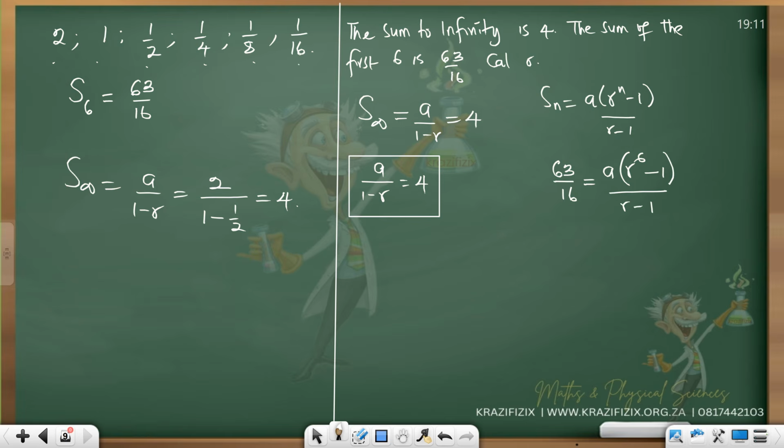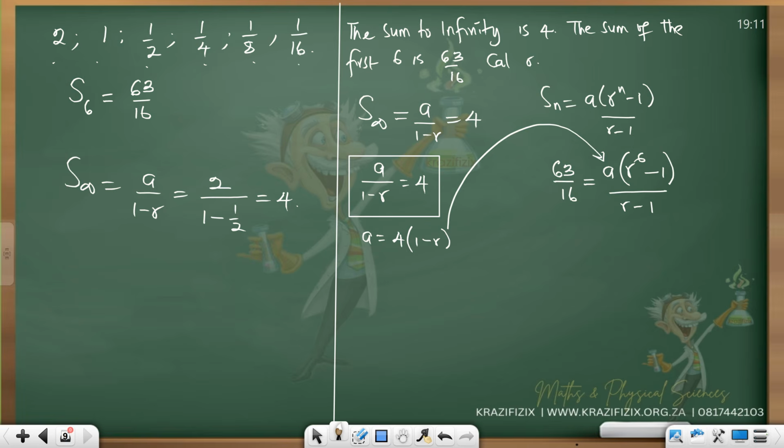This learner now has 2 equations. Then this learner decides, okay, I am going to find the value of a on the left hand side. What is a? 4 into 1 minus r. And then this learner decides to bring in a here.